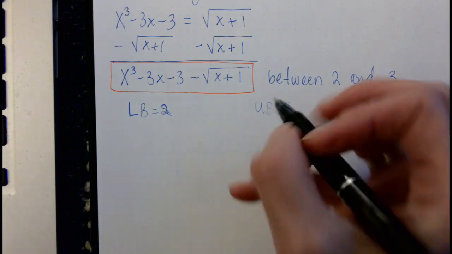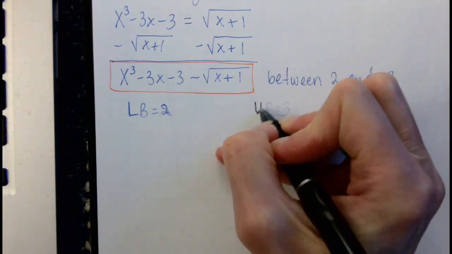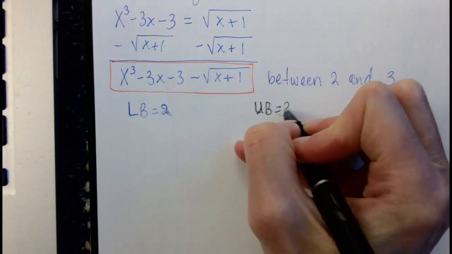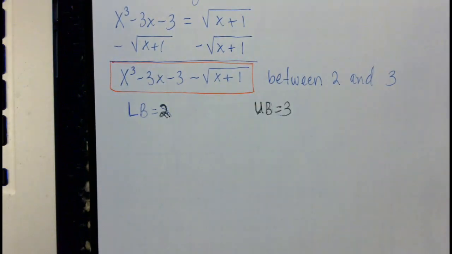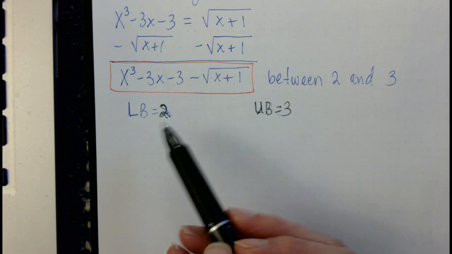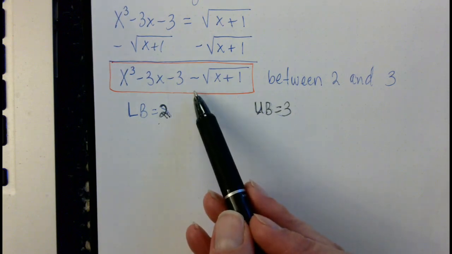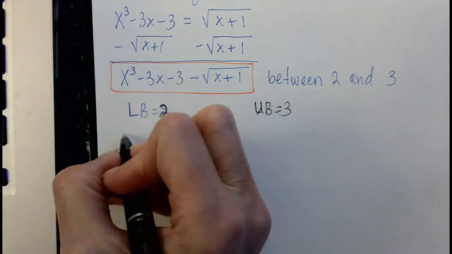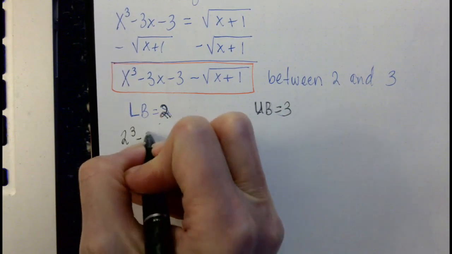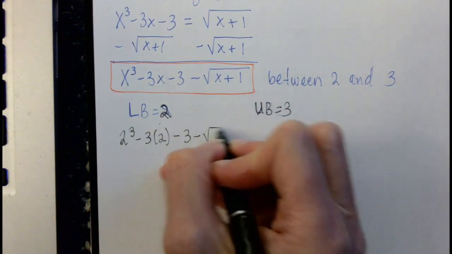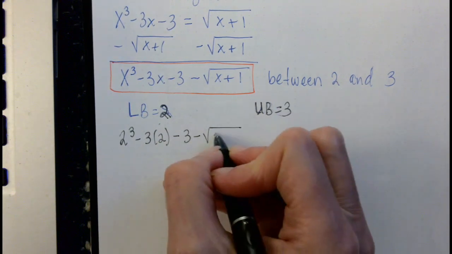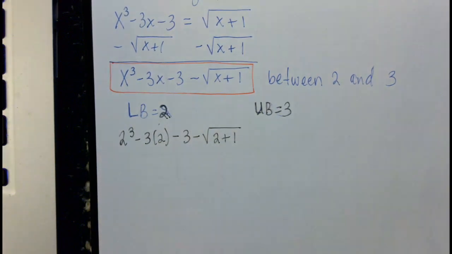Running out of ink apparently. So our upper bound is going to be 3. Our lower bound is 2. And what we're going to do is put 2 back into this equation, and we end up with 2 cubed minus 3 times 2 minus 3 minus the square root of 2 plus 1.